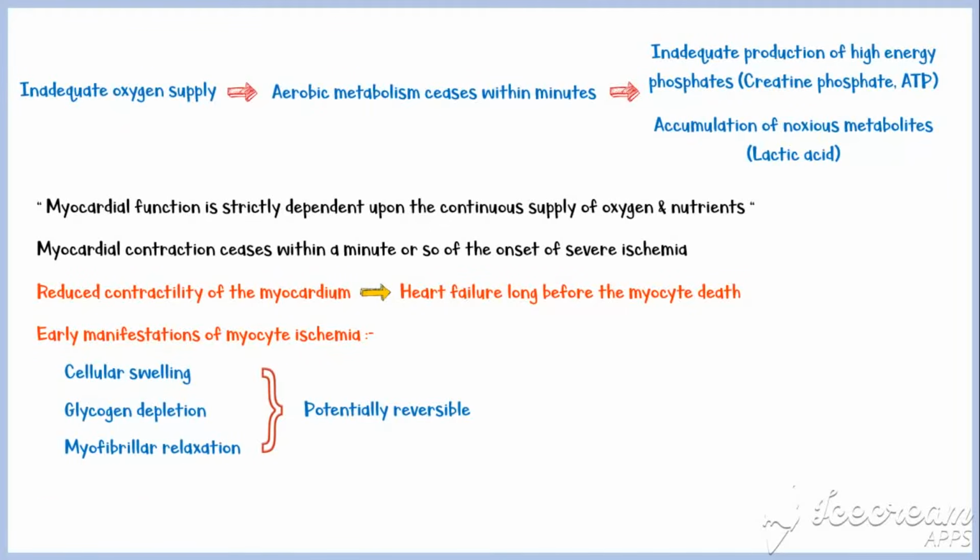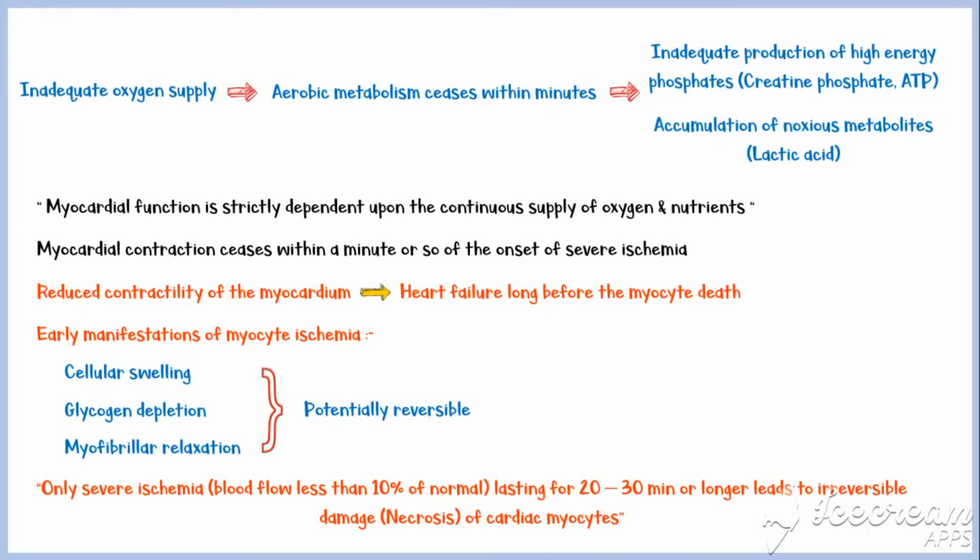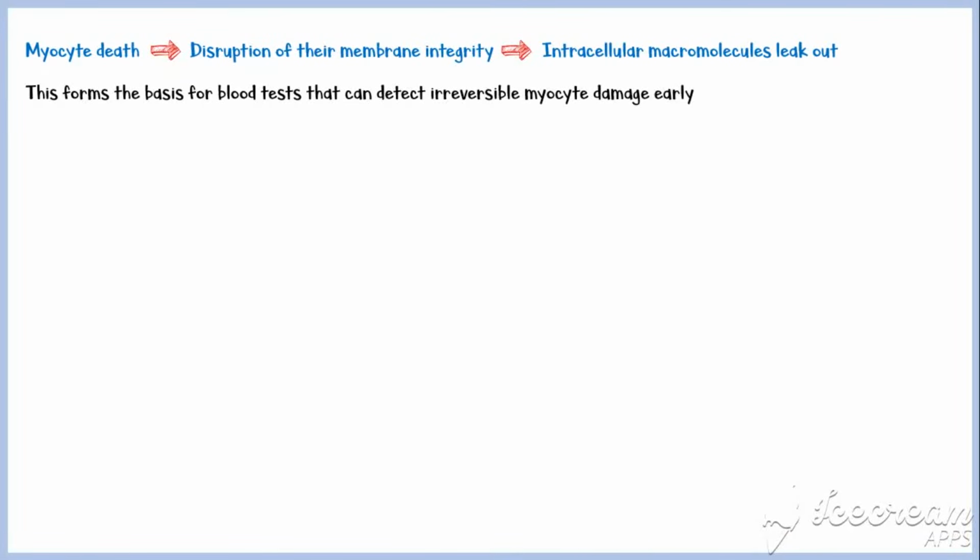Therefore, only severe ischemia lasting for 20 to 30 minutes or longer leads to irreversible damage of cardiac myocytes. Myocyte death will lead to disruption of their membrane integrity, which results in leakage of intracellular macromolecules into the myocardial interstitial tissue and then into the microvasculature. This forms the basis for blood tests that can detect irreversible myocyte damage early.